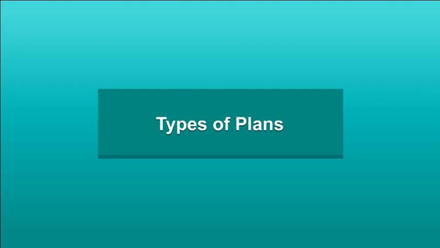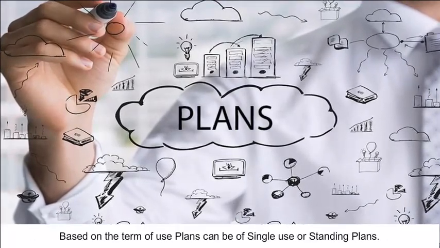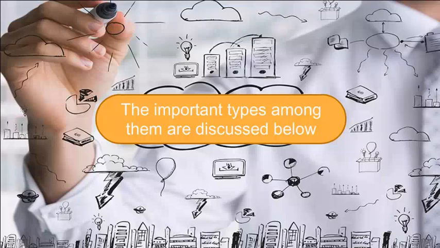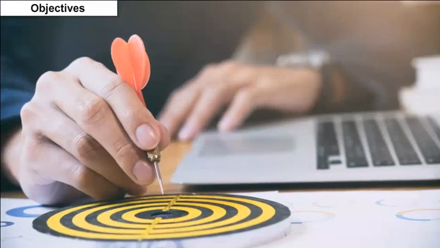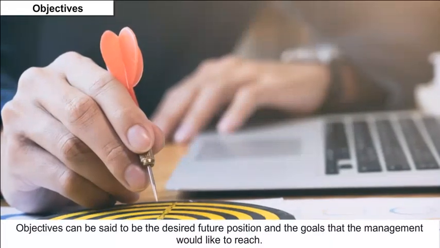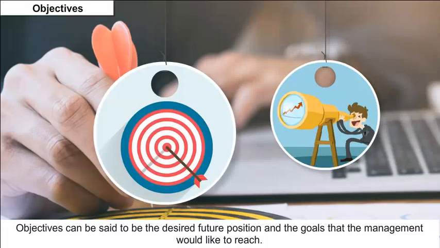Types of plans. Based on the term of use, plans can be of single use or standing plans. The important types among them are discussed below. Objectives. Objectives can be said to be the desired future position and the goals that the management would like to reach.